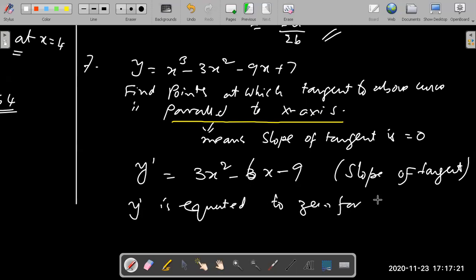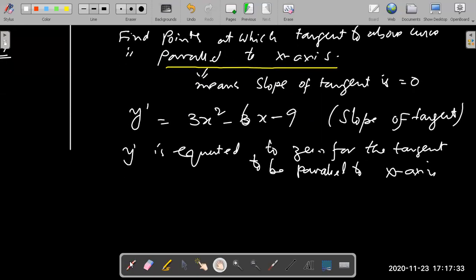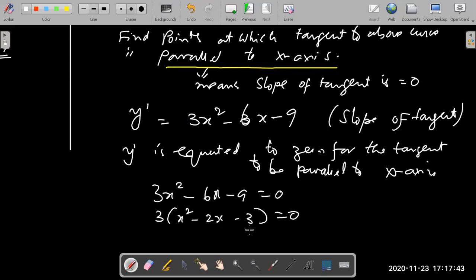For the tangent to be parallel to x-axis, we are solving this quadratic equation. So we have 3x squared minus 6x minus 9 equal to 0. Take out 3, we'll have x squared minus 2x minus 3 equal to 0.